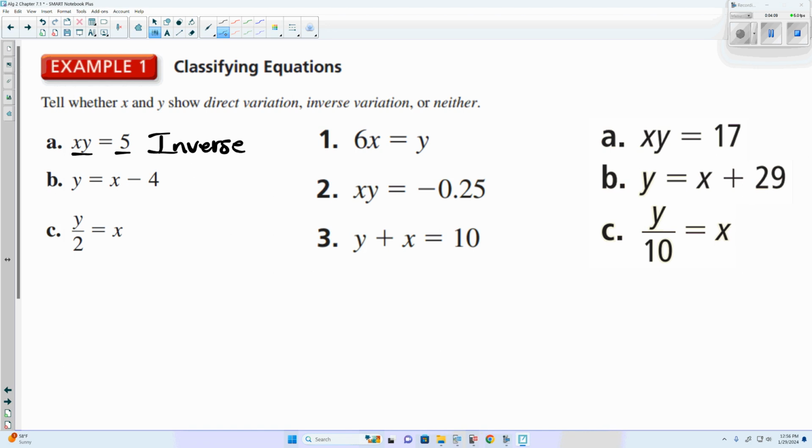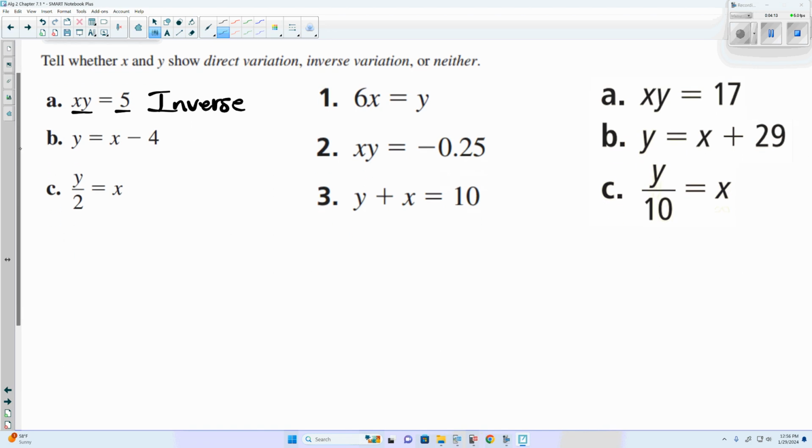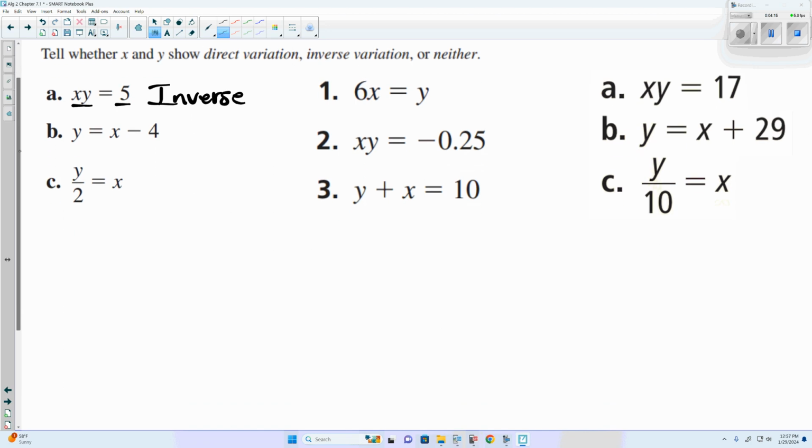Now we're going to skip B for now, and we're going to look at C. y over 2 equals x. This indeed would be direct variation.